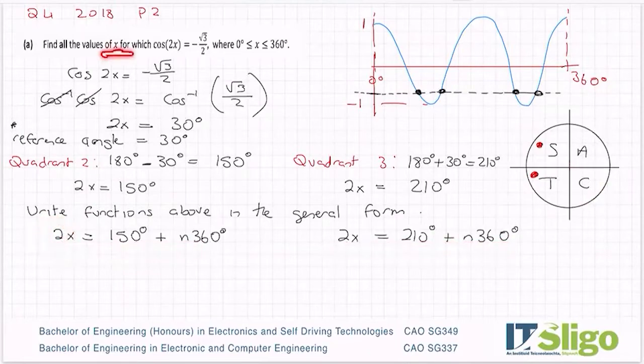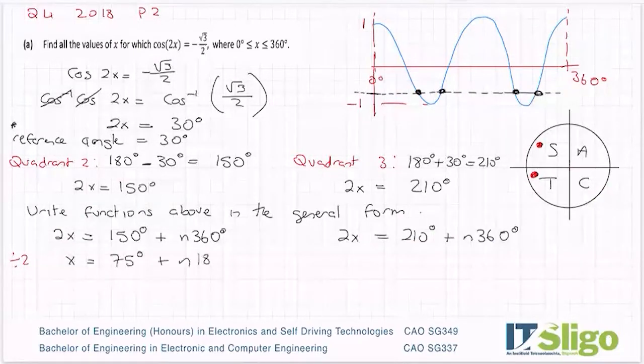Because remember, we have to solve for x. So divide across by 2, and we get x being equal to 75 degrees plus n 180 degrees, or x is equal to 105 degrees plus n 180 degrees.